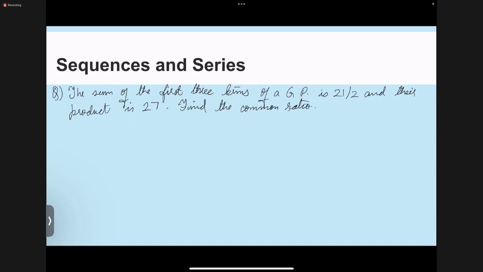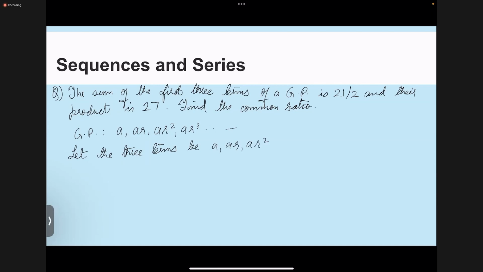Okay, so for the GP that is given, the first three terms will be A, AR, AR squared, and so on. So let the three terms be A, AR, AR squared.